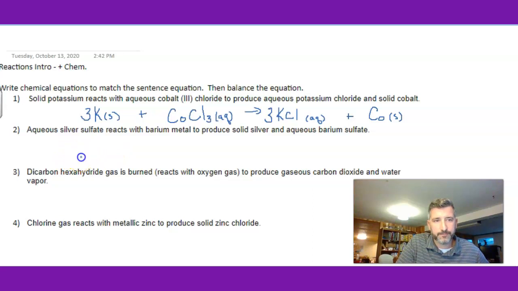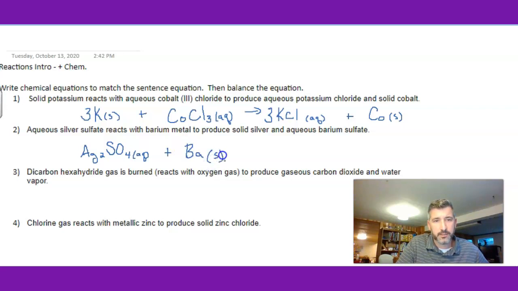Aqueous silver sulfate. So silver is Ag plus 1. Sulfate is SO4 2 minus. So I'm going to need 2 silvers. Again, that's aqueous. It's going to react with barium metal. Now, it says barium metal.